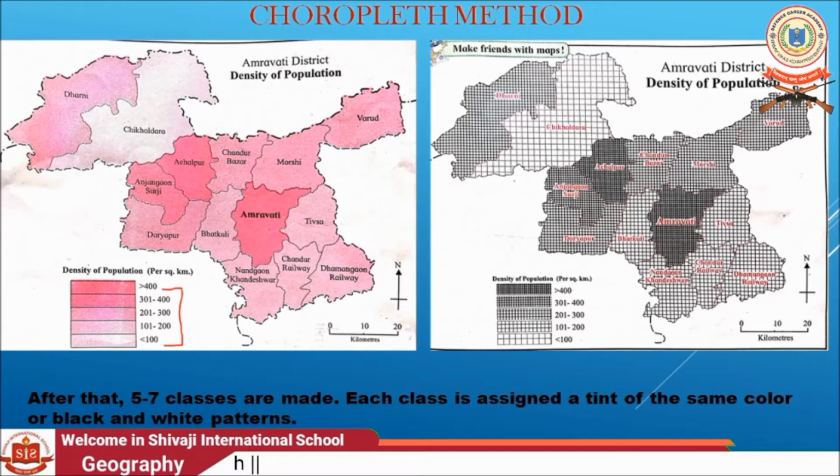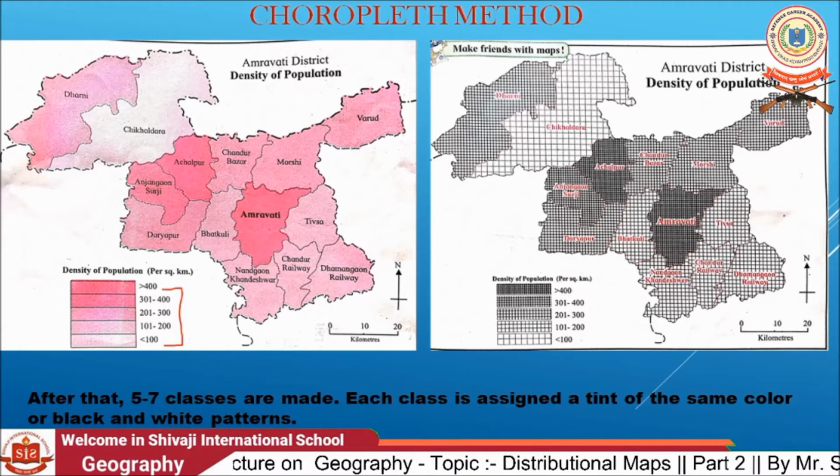So, here we use the black and white pattern. Here you can see the color pattern: the darker one shows above 400, and as we go to the lowest, Chikaldara is below 100. Here you can also see the Amravati population density is high, above 400 per square kilometer.